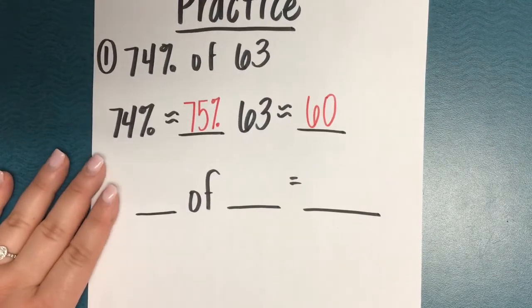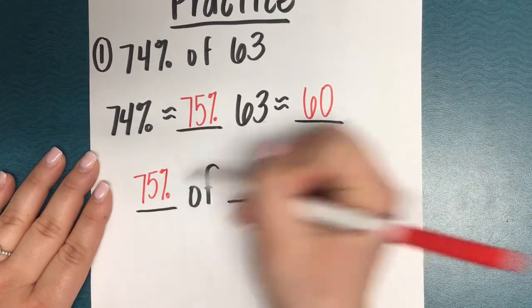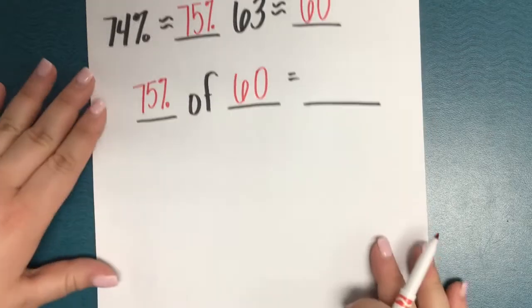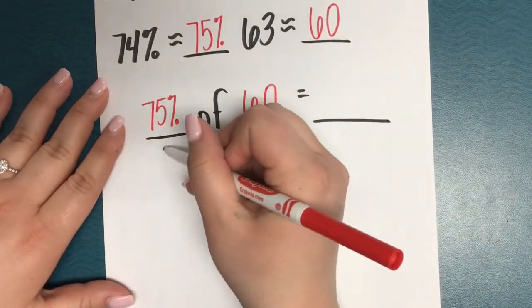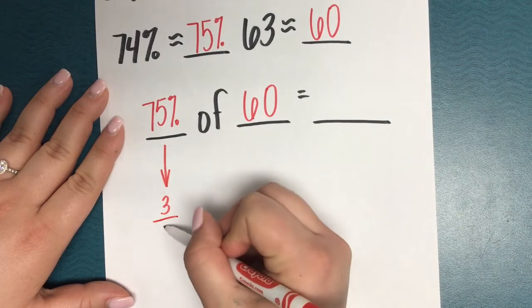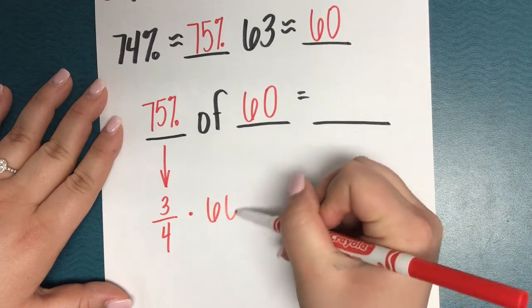So I'm trying to find 75% of 60. To do that, I'm going to use the fraction that I know 75% is equal to. I know 75% is equal to 3/4. So I'm going to do 3/4 times 60.